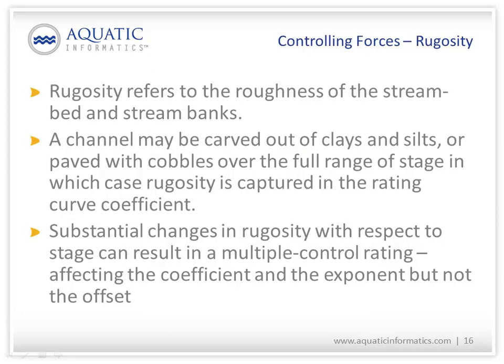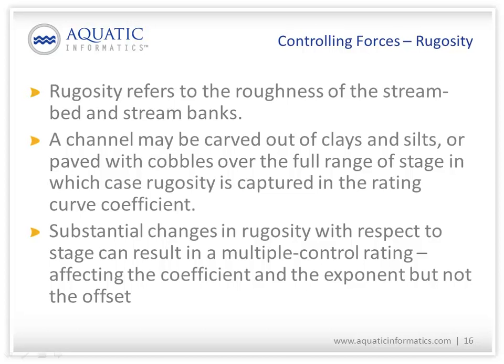When we're evaluating channel controls, we need to consider some of the other factors in the head loss equation. One of these is rugosity, which refers to the roughness of the stream bed and the stream banks, say due to large woody debris, bedrock, boulders, rocks, down to sand, silts, and clays.